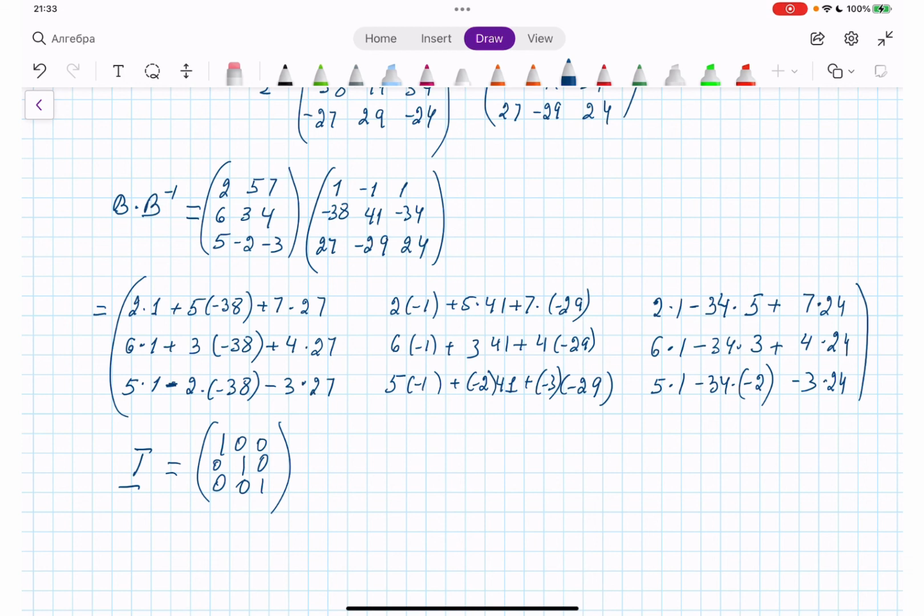All right. Sometimes the inverse of a matrix is also required to be found by the Gauss-Jordan method, which uses elementary transformations, and that's what we will do next.